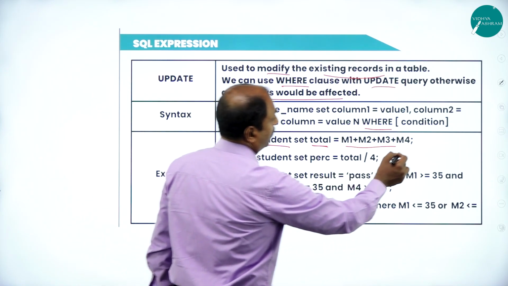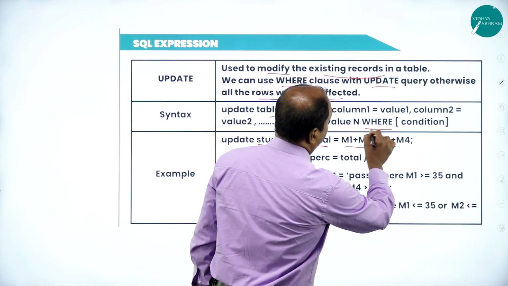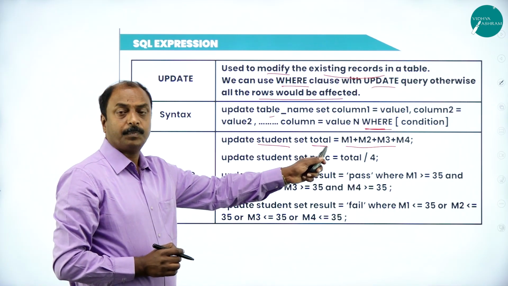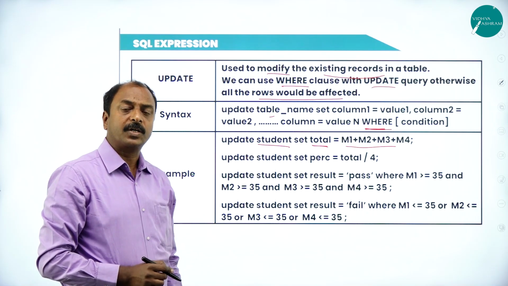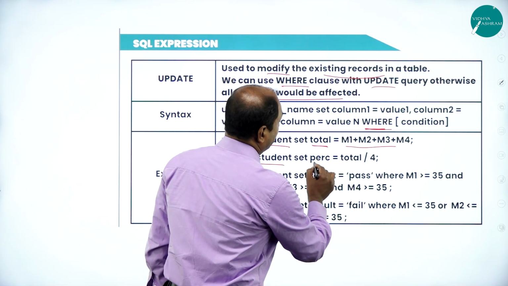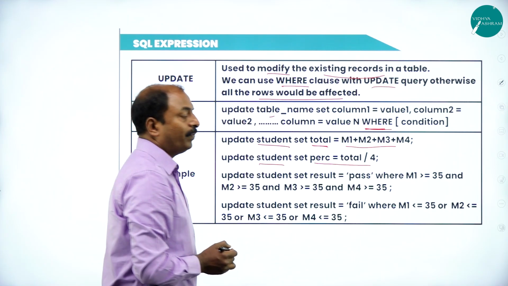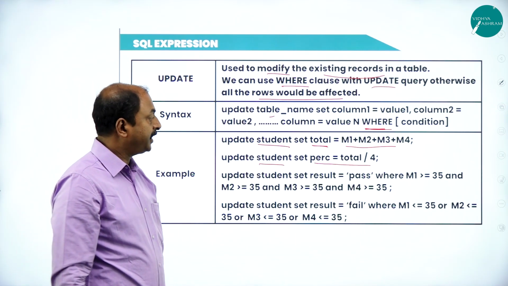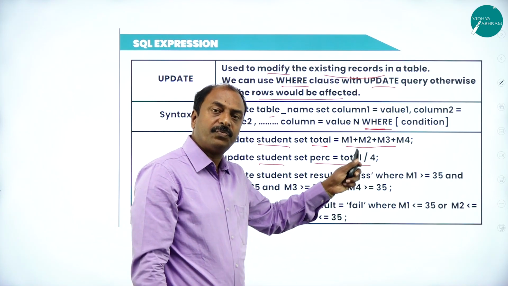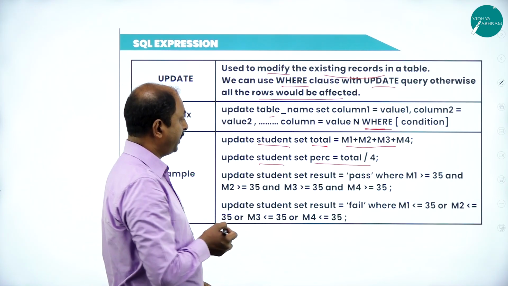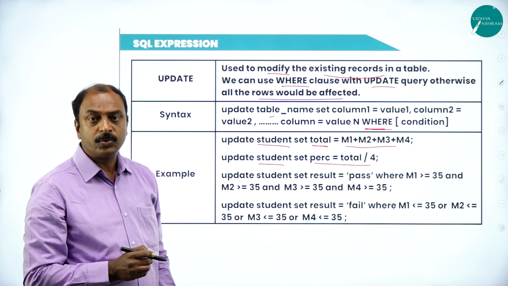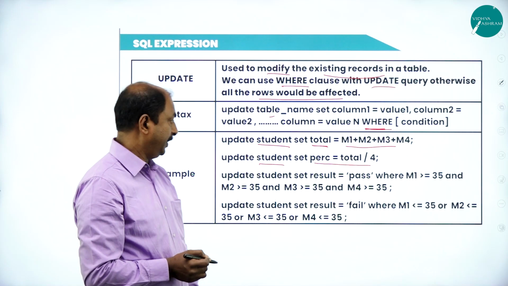And here, please note down, here we have not used where clause, so it's going to change or update the total for all the records in a table. Similarly, update student, set percentage. We are going to calculate percentage. So here percentage equal total divided by 4. This is a formula and semicolon. And again here no where clause, so it is going to update the values for all the records in a table.